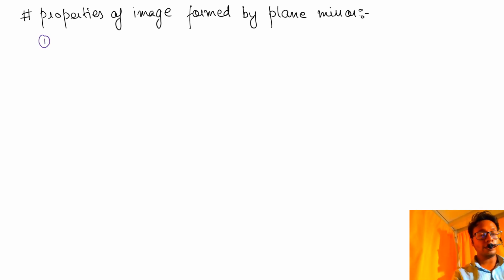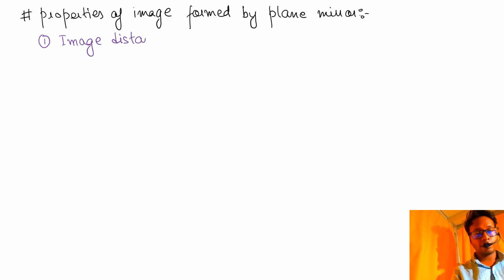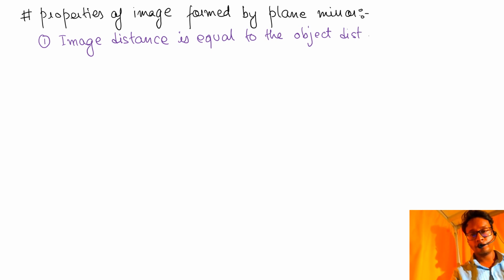The first property is that image distance is equal to the object distance. What do I mean by that? Suppose there is a mirror, and there is an object out here.